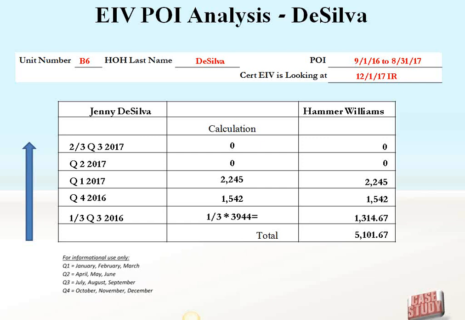Is everybody done with the calculations for Hammer Williams? Let me stop here and see. Did anybody not get the 5,101.67? Raise your hand if you didn't get that same income amount. Okay, so let's move to our next income source.